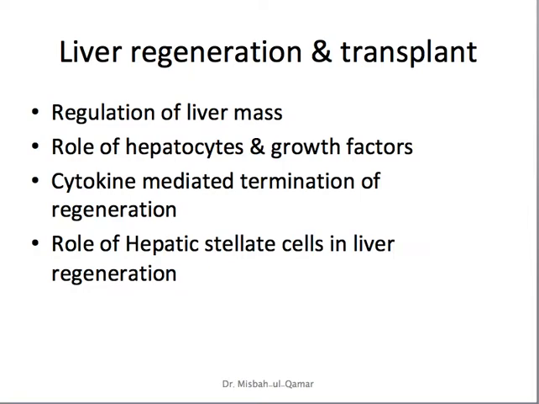The blood levels of this growth factor increase 20-fold after partial hepatectomy. So that shows that hepatocyte growth factor is important in the regeneration of the liver.